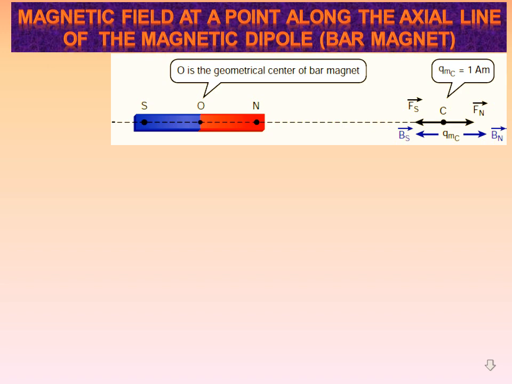Likewise here, there we saw minus q and plus q, but here we have the south pole and north pole, and in between the two poles we have a middle point O, and C is the point in the direction of the horizontal line, that means the axial line. Here the Qm at C is equal to 1 A m.